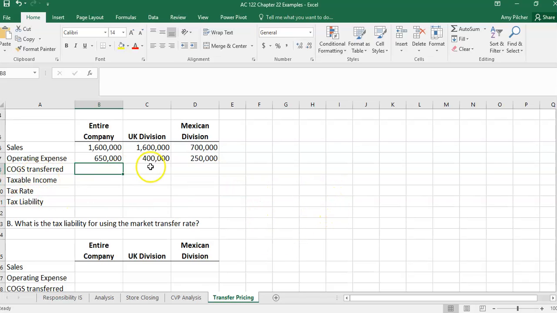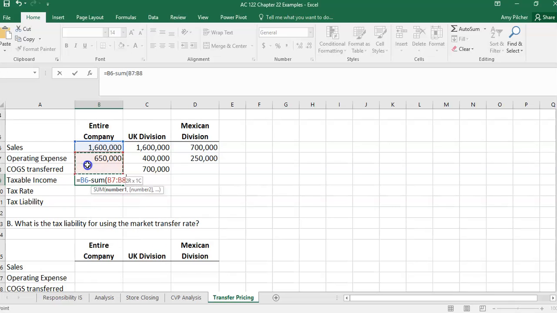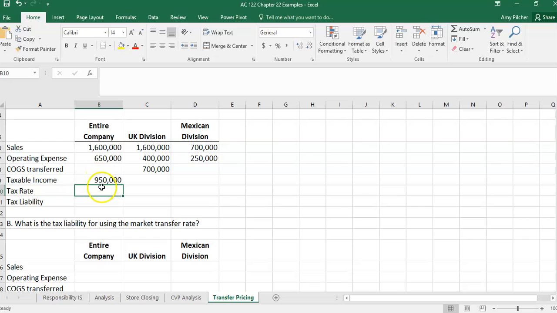The cost of goods transferred is what the UK division records as cost for the goods that it receives from the Mexican division. So that is 700,000. Those are only recorded by the UK division, those costs. This gives us the taxable income for each division, which is sales minus the expenses. So we have taxable income for each of our divisions.